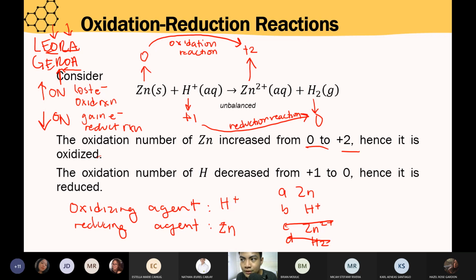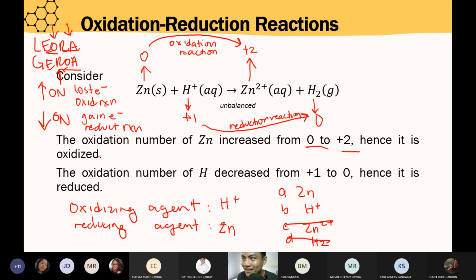Just be careful, you might mix up the oxidizing agent and the reducing agent. So, remember, the one that is oxidized is called the reducing agent. The one that is reduced is called the oxidizing agent. Leo Ger. That should give you the correct answer.